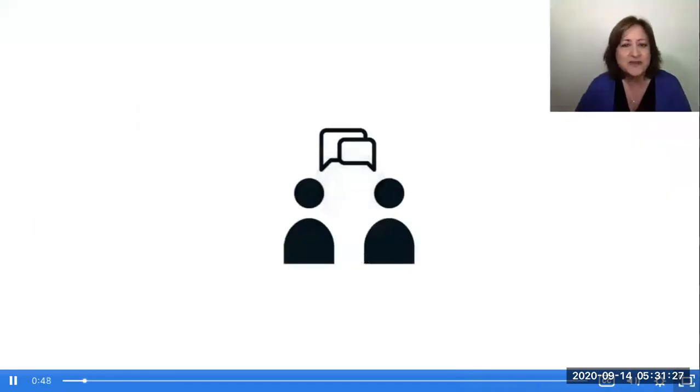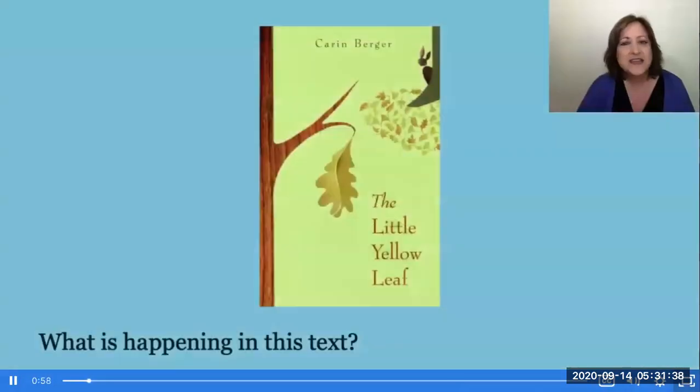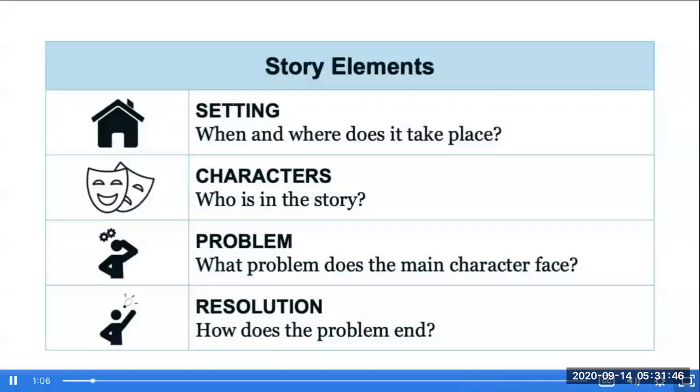When we chat with our friends about a story, it's important to be able to remember that story clearly, also in the correct order. Today we'll be diving back into The Little Yellow Leaf, and we'll be reading closely to determine what's happening in this text. One way to figure out what is happening in a story is to identify its elements or parts.